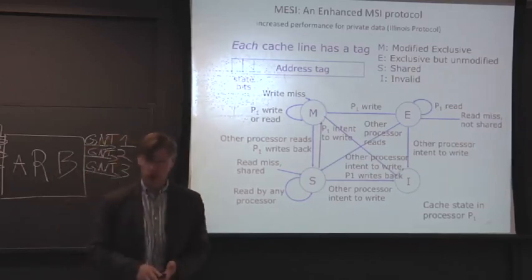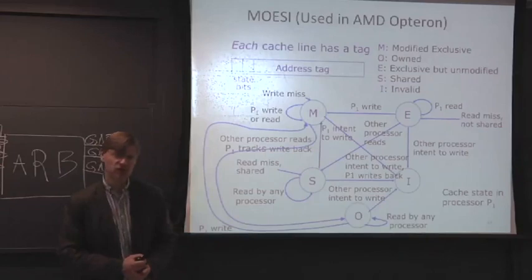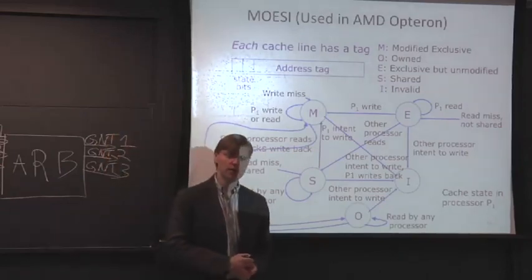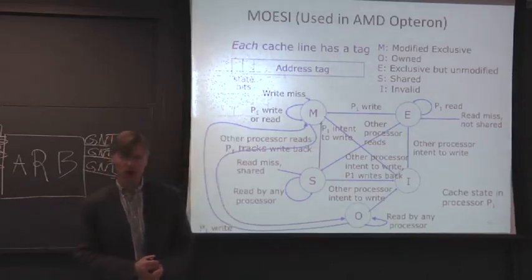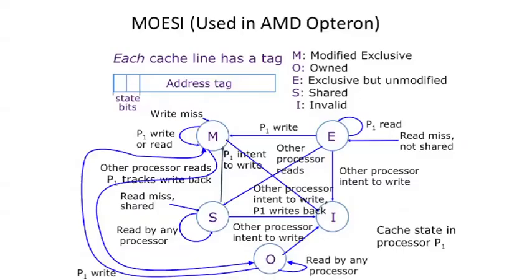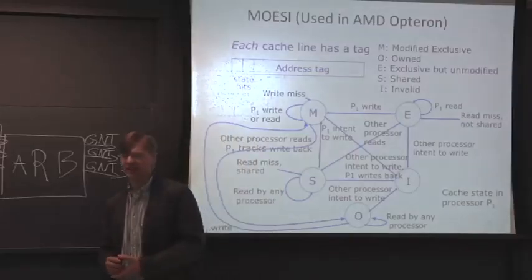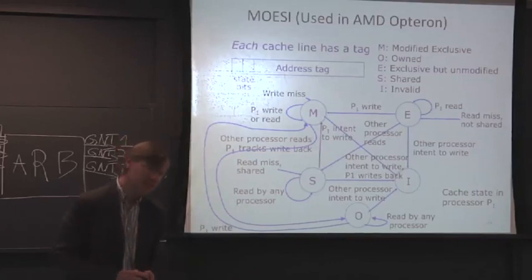Next class, we're going to expand this and talk about a few other cache coherence protocols. One thing we're going to talk about is what they used in the original AMD Opteron processors, where they actually had more states. They added another state here called the owned state, and they went from MESI to MOESI.